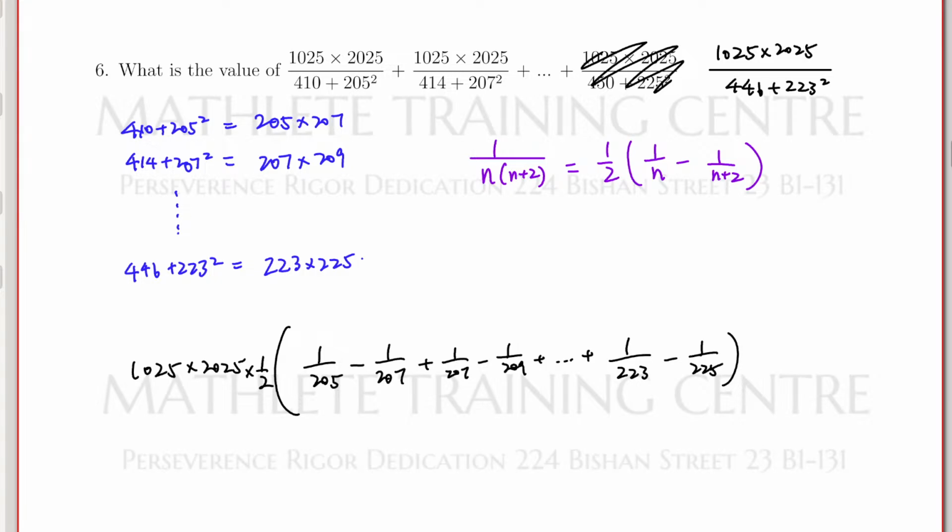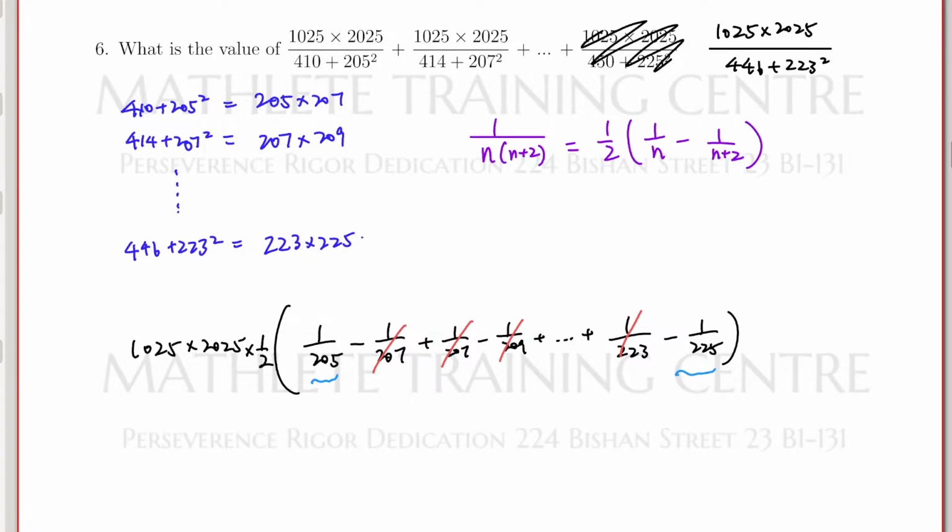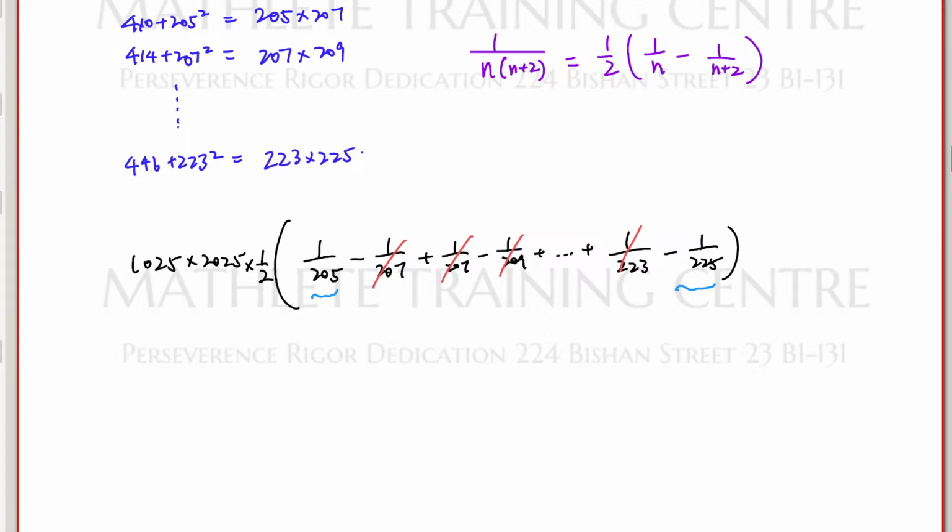Okay, so at the end of this calculation, you can see that the middle terms can manage to cancel each other out. And then I'm just left with the first term and the last term of 1 over 205 minus away this 1 over 225. Okay, do I want to calculate this difference of fractions directly? The answer is no, because we can actually do something with the values of 1025 and 2025 outside.